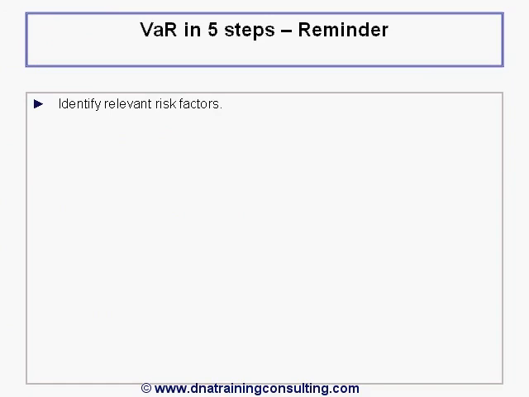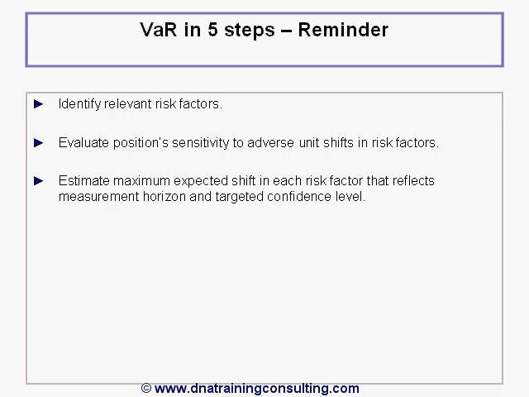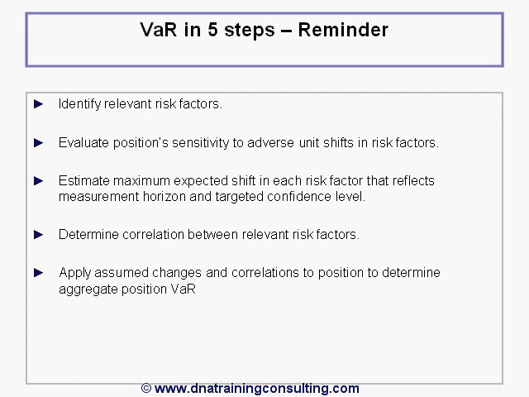Step 1, identify the relevant risk factors. 2, evaluate the position sensitivity to adverse unit shifts in risk factors. 3, estimate the maximum expected shift in each risk factor that reflects the measurement horizon and the targeted confidence level. 4, determine the correlation between the relevant risk factors. 5, apply the assumed changes and correlations to the position in question to determine an aggregate VaR for the position.